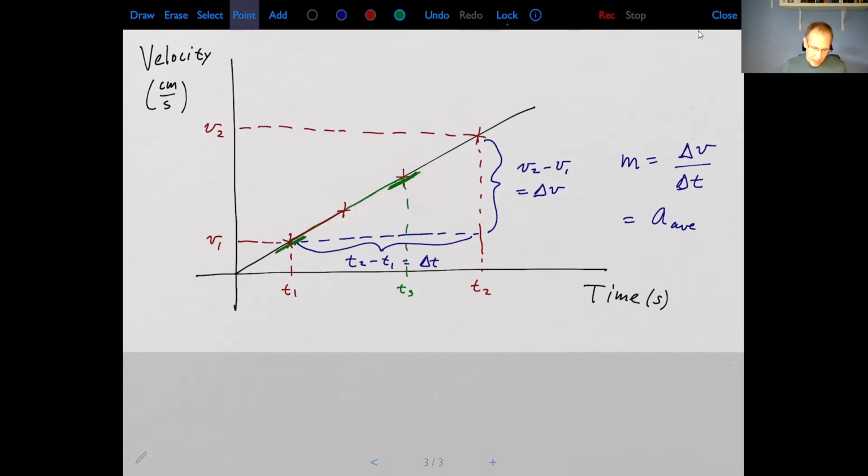It's not changing. So if you have a velocity versus time graph that's linear, this represents constant accelerated motion. So this is a case where you have constant acceleration.